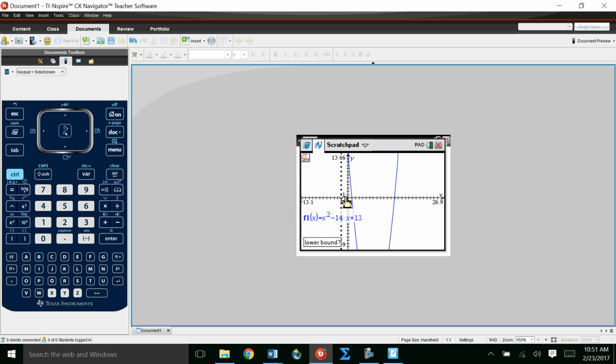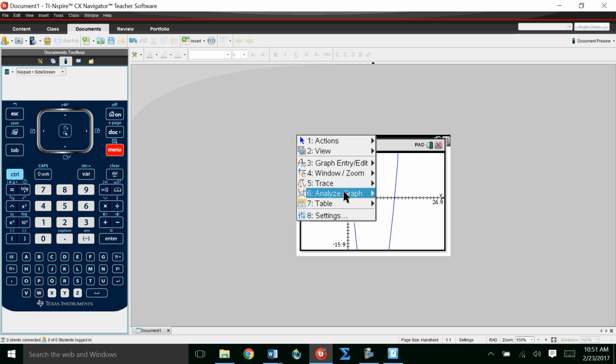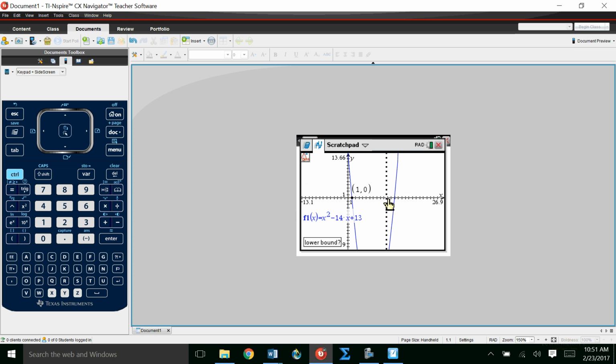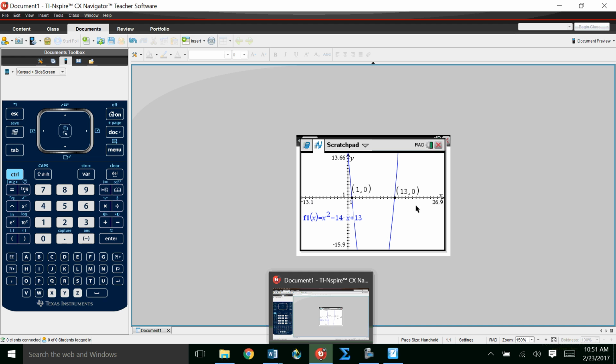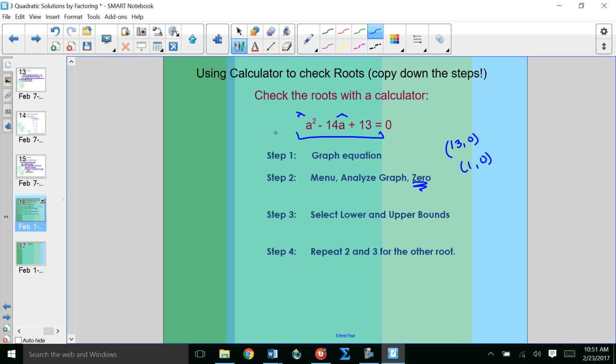We'll click once to the left of the first 0 and once to the right of the 0. And the point 1, 0 pops up. To check the other root, I'll do Menu, Analyze Graph again, 0 again. Click once to the left, once to the right of the other root, and I find that one to be 13, 0 as well. So this is just a really cool little trick to use after you're done to check that the roots you found actually are the correct roots for the graph of this equation.